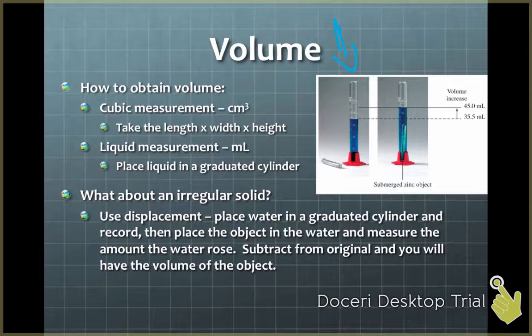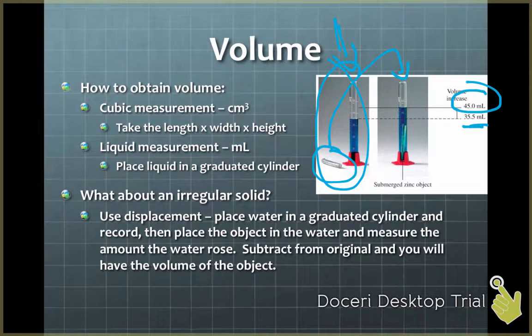So what we can also do is figure out volume by displacement. We can fill a graduated cylinder with a certain amount of water. This one has 35.5 milliliters in it. Then we can drop our irregular solid into the graduated cylinder, and when we do that, it's going to cause the volume to rise. Then we take the new measurement.